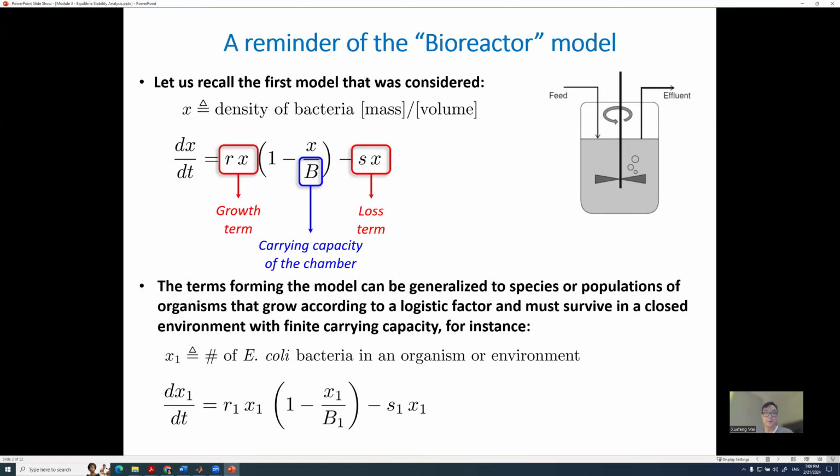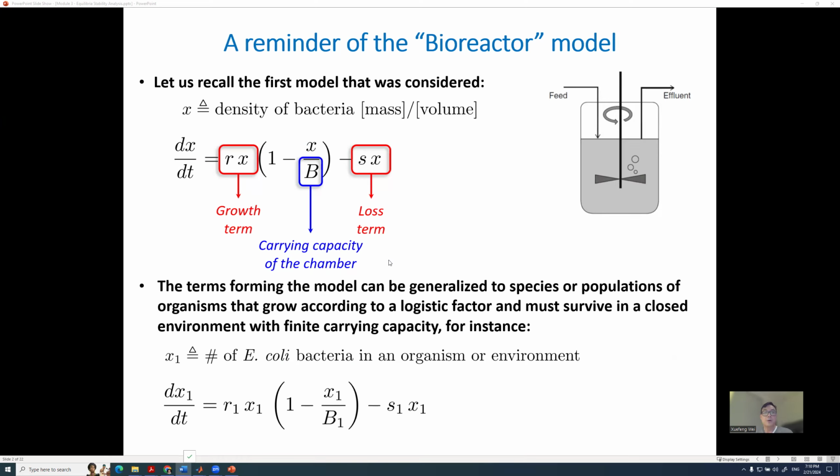For example, we can use equations with similar structure to describe the proliferation of E. coli bacteria in their living environment, such as the gut flora, because E. coli bacteria is found in the gut flora.